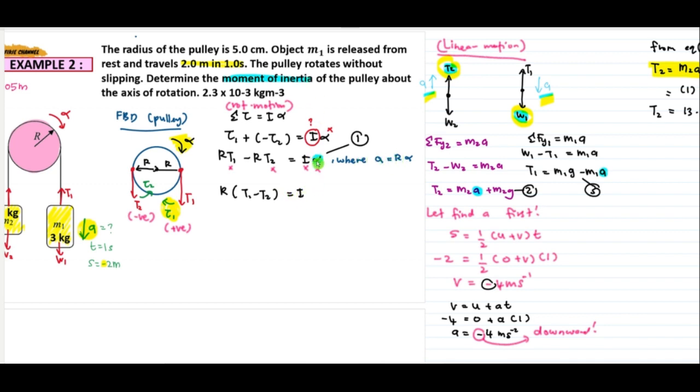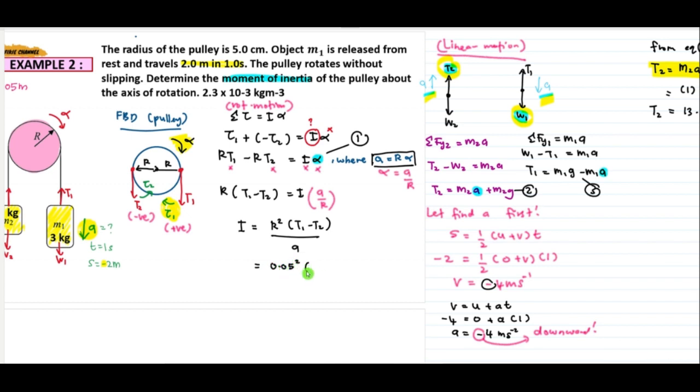So now look at here, we don't have value of alpha, but we can change this equation. Okay, alpha is equal to, ingat lagi tak equation ini tadi? A is equal to R alpha, therefore alpha is equal to A over R. So we can substitute here A over R. Okay, therefore we can find the moment of inertia for the pulley. Okay, and it is equal to R squared (T1 minus T2) over A. Okay, so R soalan dah bagi tadi nilainya adalah 0.05 meter.